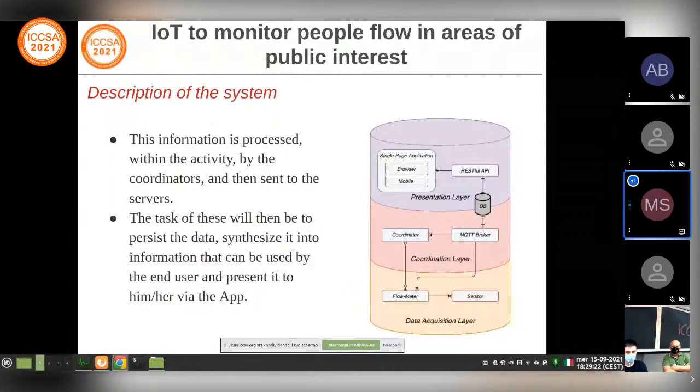The coordinators process this information and then send it to the servers, which store the data and transform it into information. This information can be used by the end user, and it can be presented to them by an app.